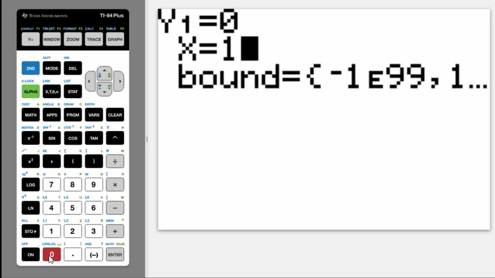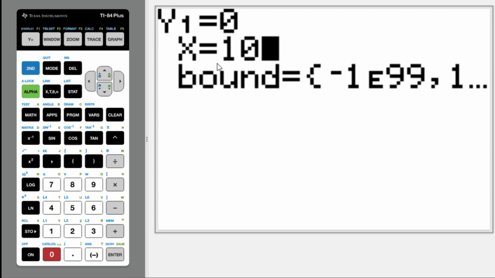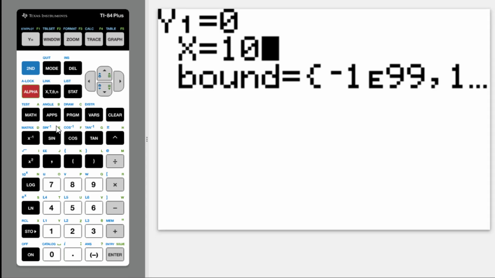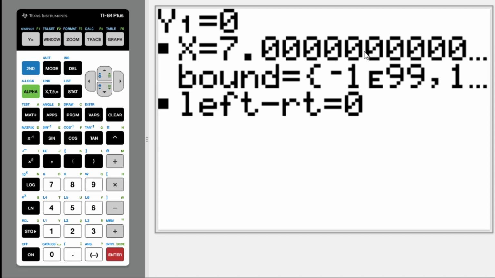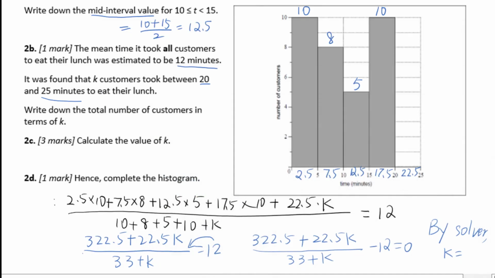We put 10 as our estimated value, then alpha, enter. The answer will be 7. So K equals 7. Hence, complete the histogram. 7 will be here, so we just shaded this interval to 7. That's all.